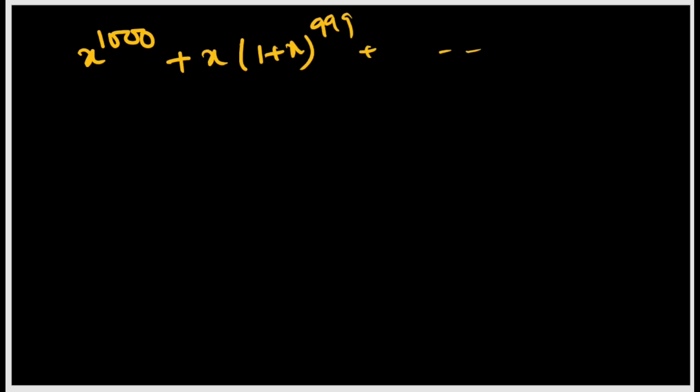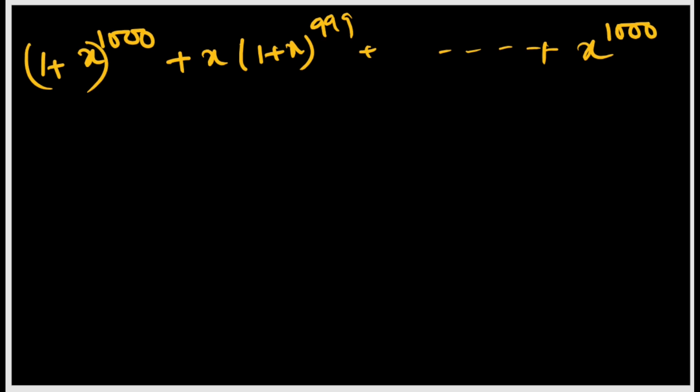So our problem is x to the power 1000, then x into (1 plus x) to the power 999, up to (1 plus x) to the power 1000. Sorry, it is 1 plus x.